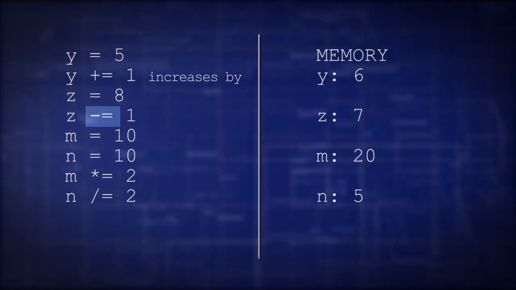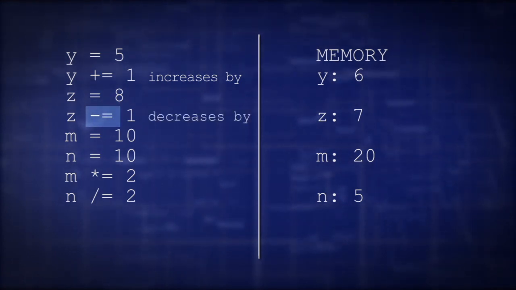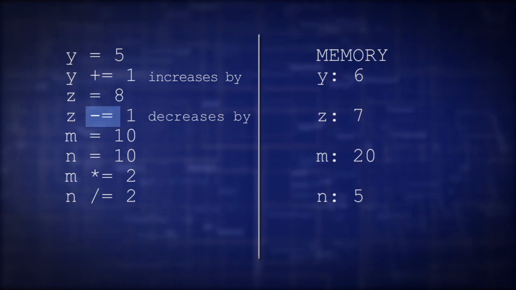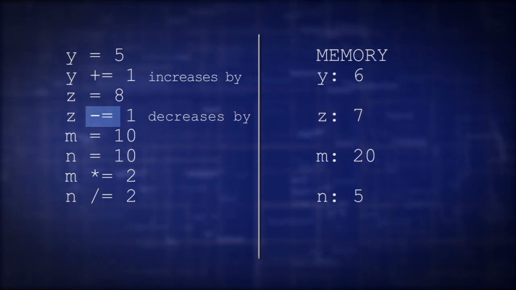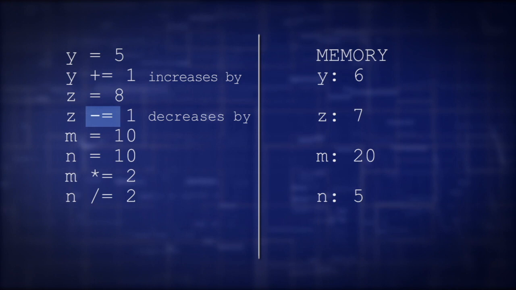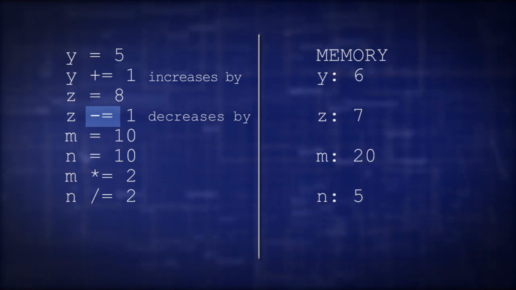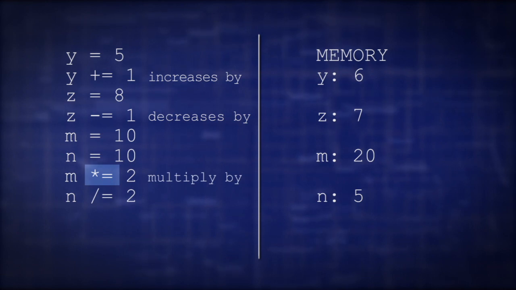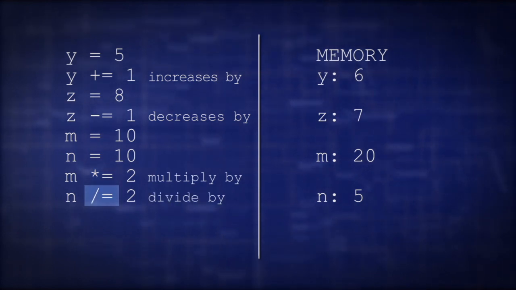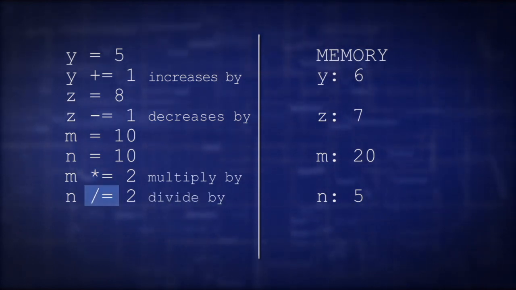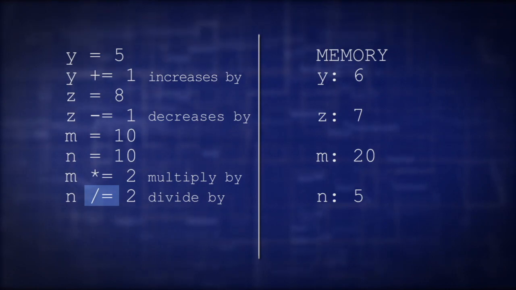There's a similar command, decreases by, written with a minus equals symbol, that lets you subtract the value on the right-hand side from that on the left. You see an example here with z. There are also multiply by and divide by commands as well, and you see examples in m and n.